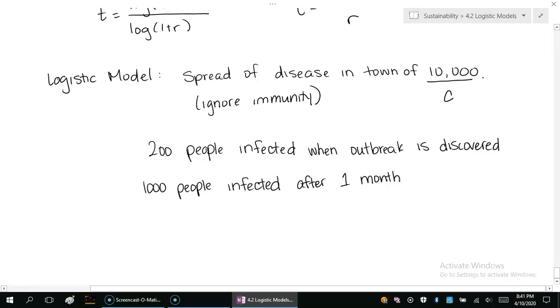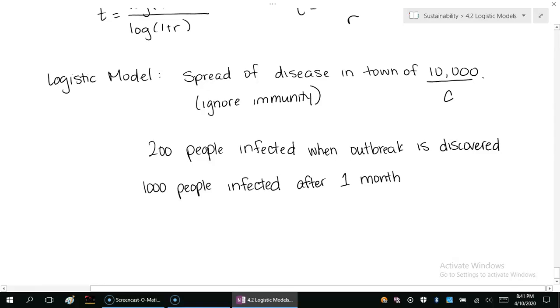And for the logistic model for the spread of a disease, when we say infected, these are the people who have ever had the disease. So some of these people may have recovered already, but over the course of the disease, we're saying that in the first month, there were 1,000 people impacted.